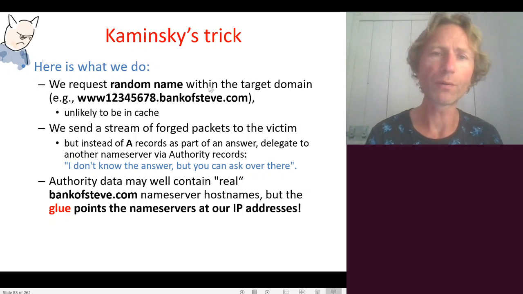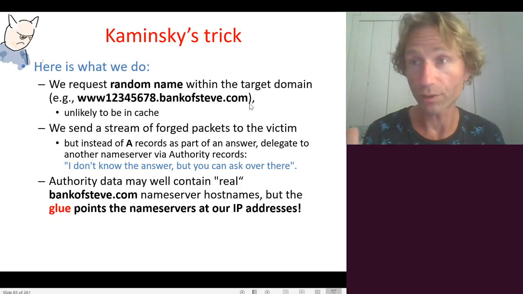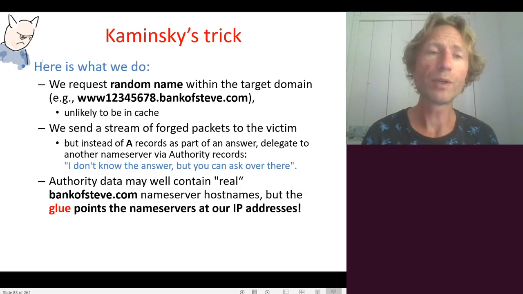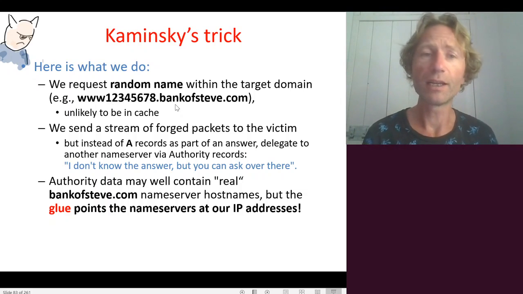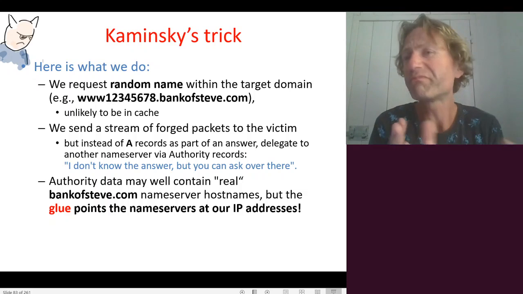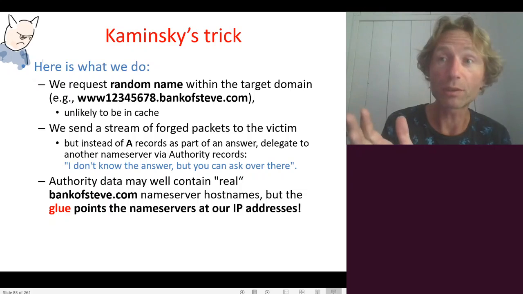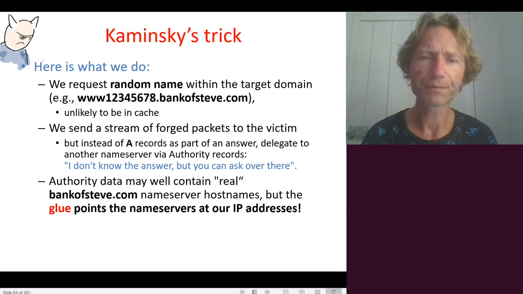If we want to take over bankofsteve.com, so let's assume this is a real domain, we send a request for, I don't know, www.1234567.bankofsteve.com, something that probably doesn't exist, and certainly doesn't exist in the cache of the local name server.